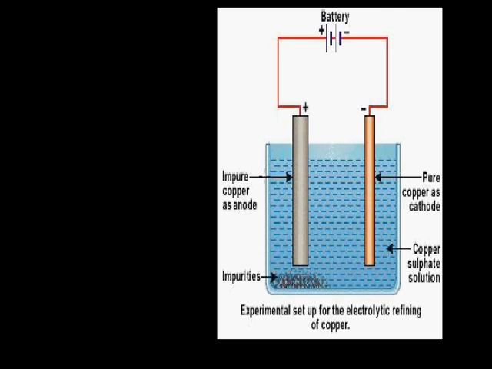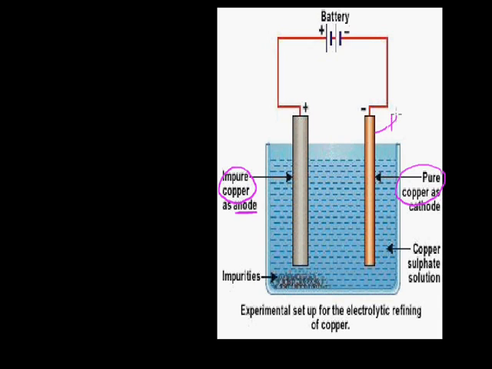In electrolytic refining we use an anode of impure copper and a cathode of pure copper. This is the copper obtained after Bessemerization. This is impure, and we want to remove the impurities from it, and here we use pure copper as a cathode.